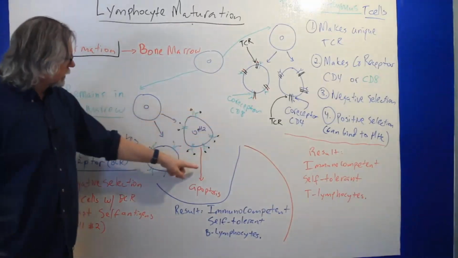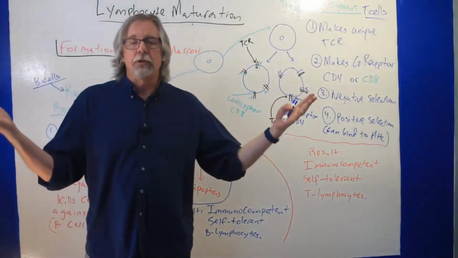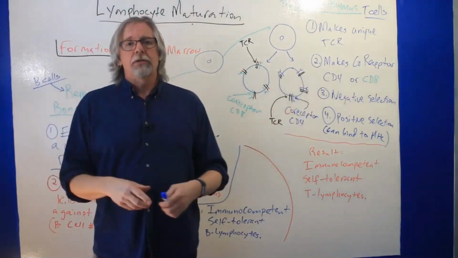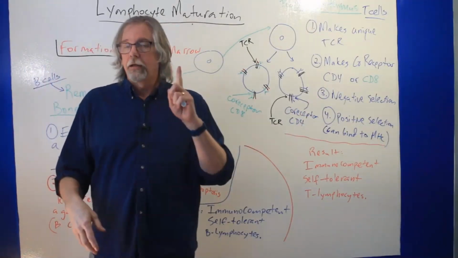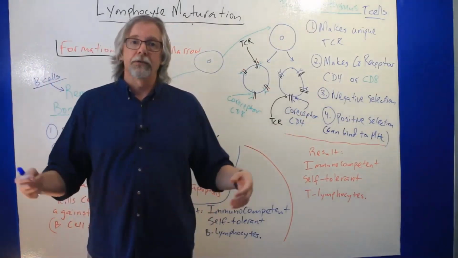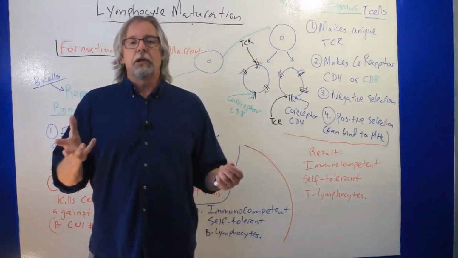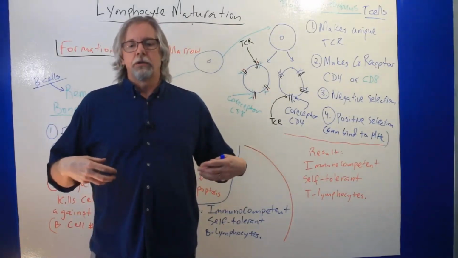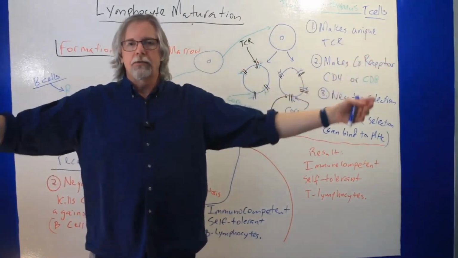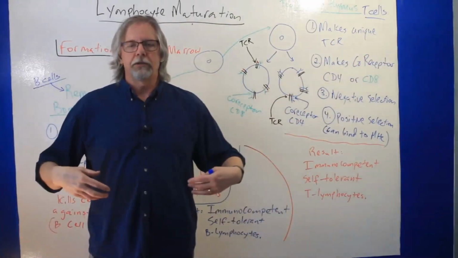Now, these antigen receptors could bind to any antigen. That means some of them are going to recognize foreign antigens, but some of them are going to recognize normal self-antigens. Do we want B cells that can recognize normal self-antigens to go out in the body and start mounting an immune reaction against our normal antigens?